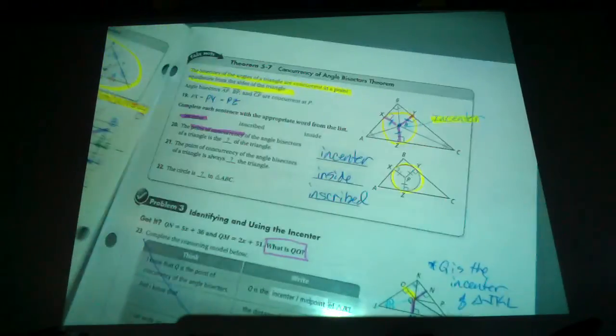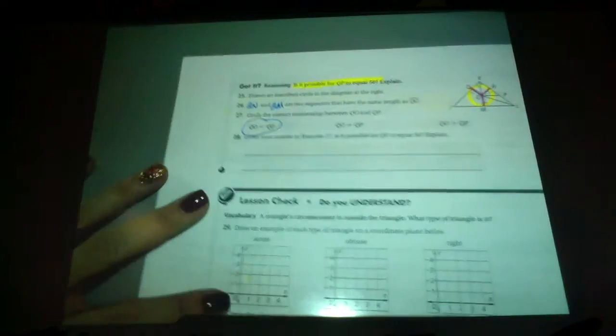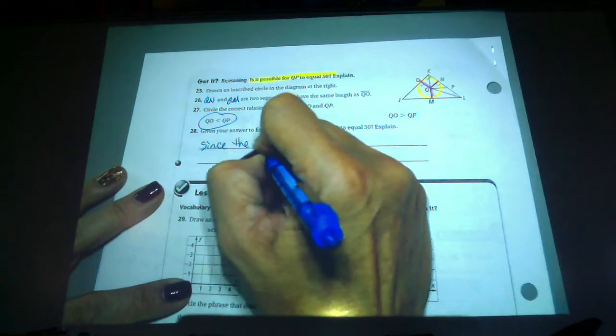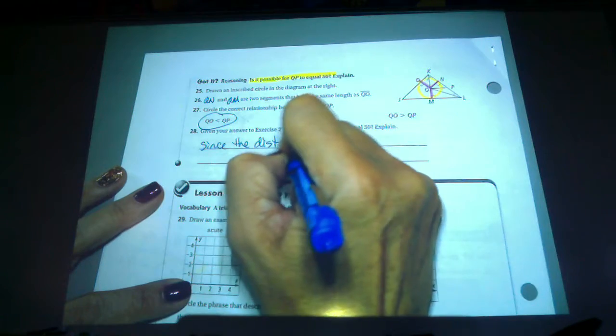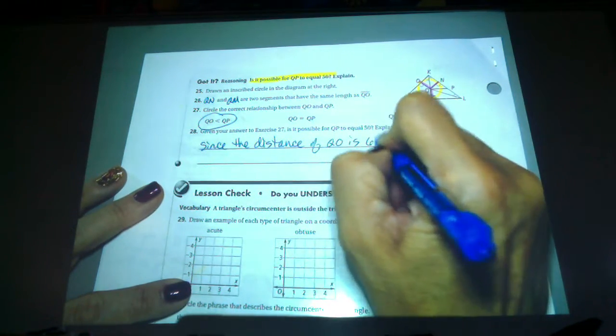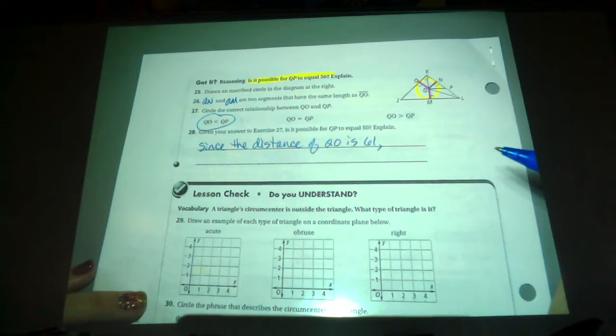So given our answer to question 27, is it possible for QP to equal 50? Well, aren't they using the same triangle that we had over here? They don't really tell you, but we're using that same triangle. So we know that the distance from Q to O is 61. So since the distance of Q to O is 61, is it possible for Q to P to be 50?